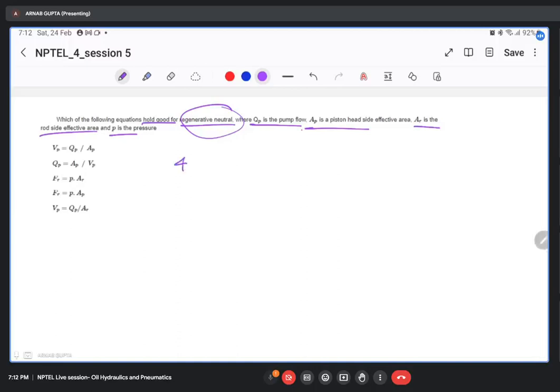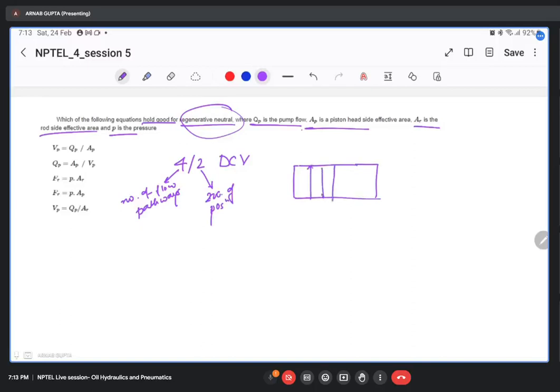So, when we talk about 4 by 2 direction control valves, what is 4? 4 is the number of ports or the number of flow pathways, and 2 is the number of positions. So, when we talk about 4 by 2 DCVs, a simple valve.